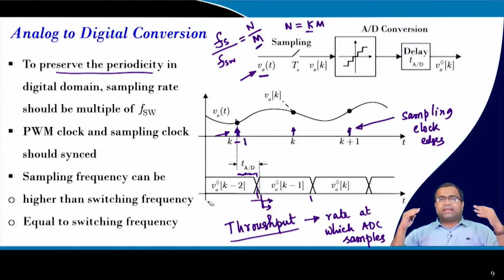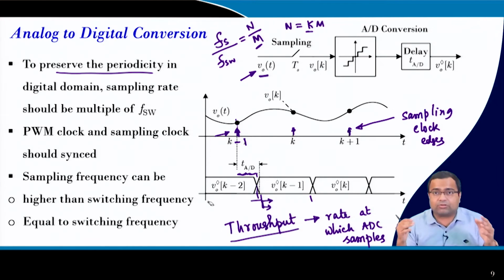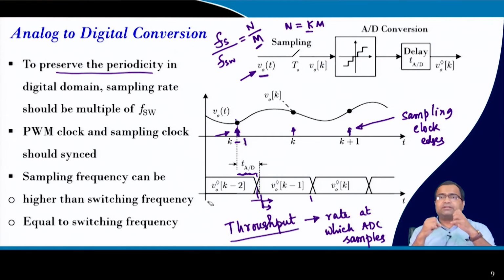Then, in order to save power or avoid more and more computation, you can keep your processor idle and just continue with the value which is already stored, a fixed number, because ultimately the digital control under steady state will look like open loop. That means your error voltage digitally becomes 0, and then there will be no update in the digital controller. So, it will look like a constant number. In that case we can even reduce the sampling rate.